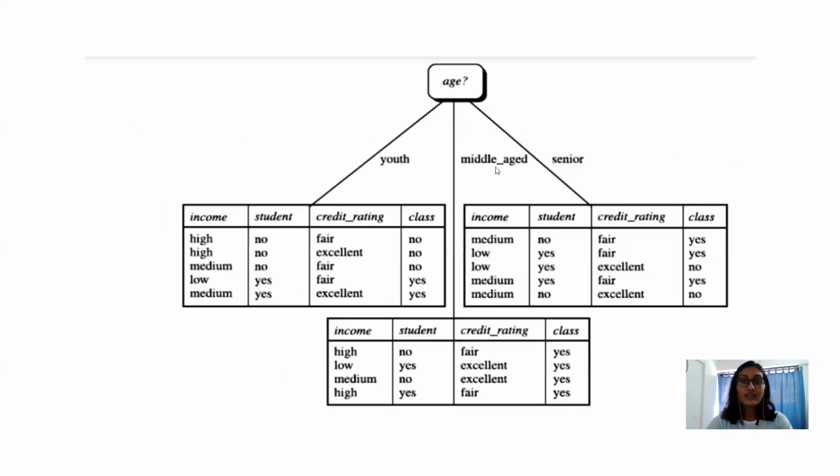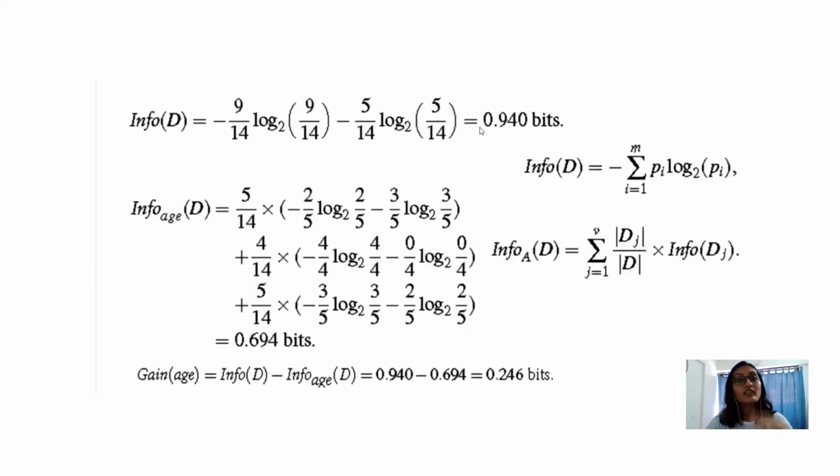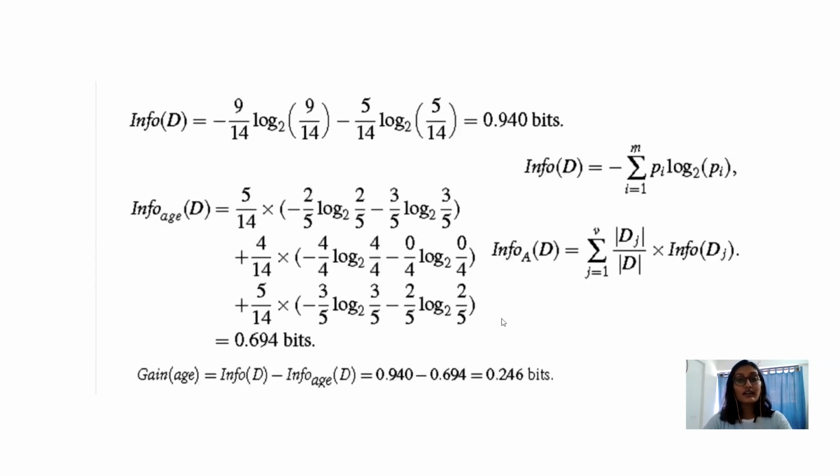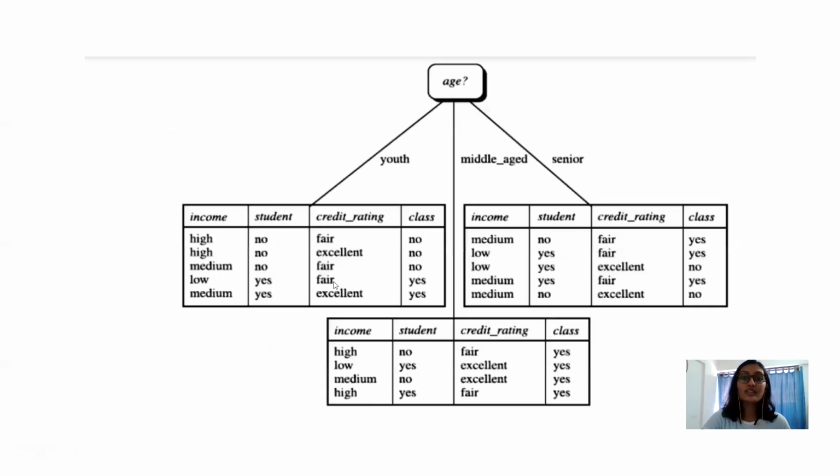So this is the kind of table that we have got. In actual sense, you have to find the gain for age, income, student, credit rating, everything, and thereafter you have to compare the gains that you are getting. But since I've already done that, we find out that the gain of age is greater over here, and that is how we are getting this tree as the output.